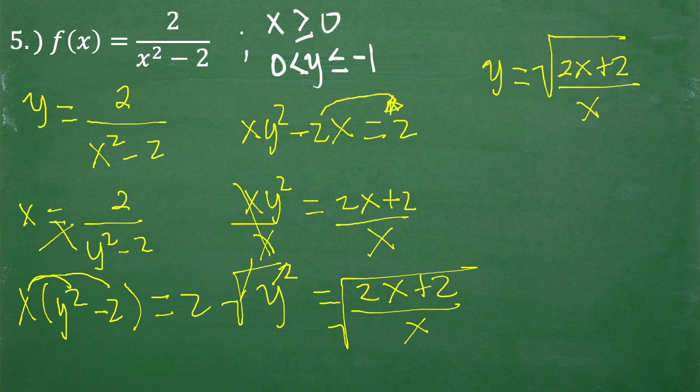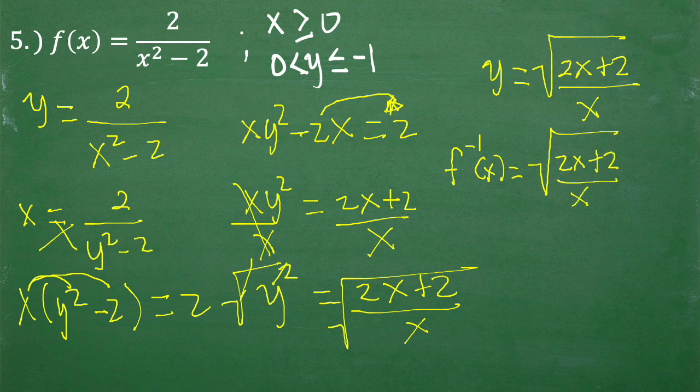And then since we have a new y, we can replace that using an inverse function. f inverse of x equals the square root of 2x plus 2 over x with our restriction, that is the exact inverse of our original function. So let's rewrite that once again.